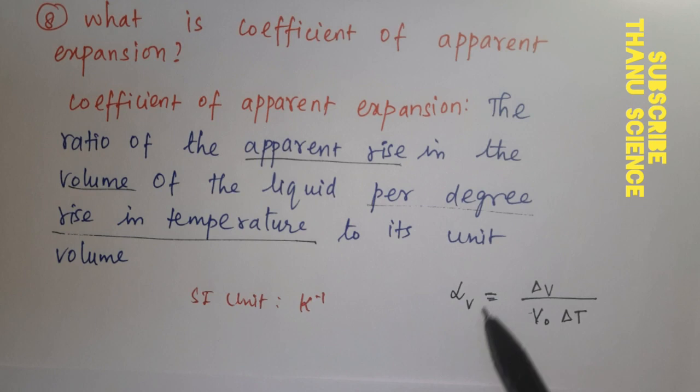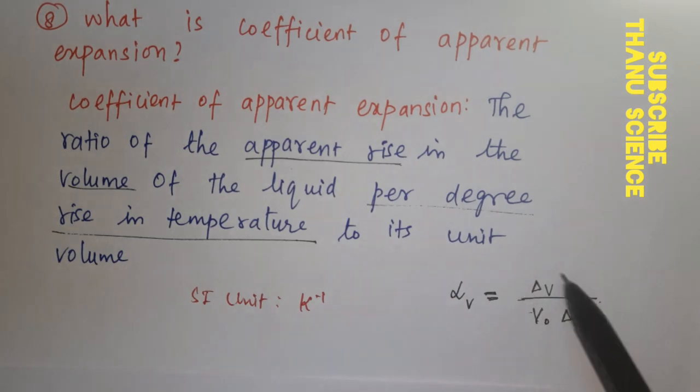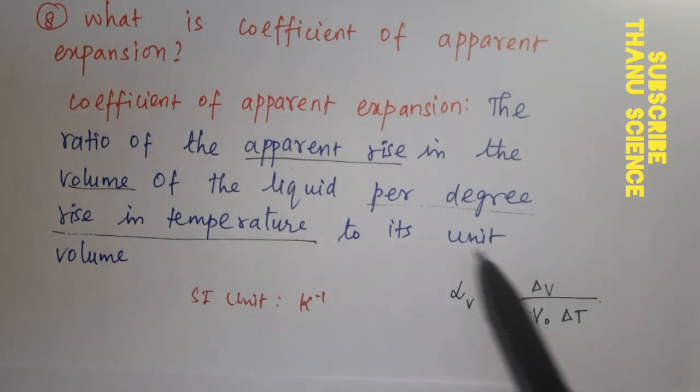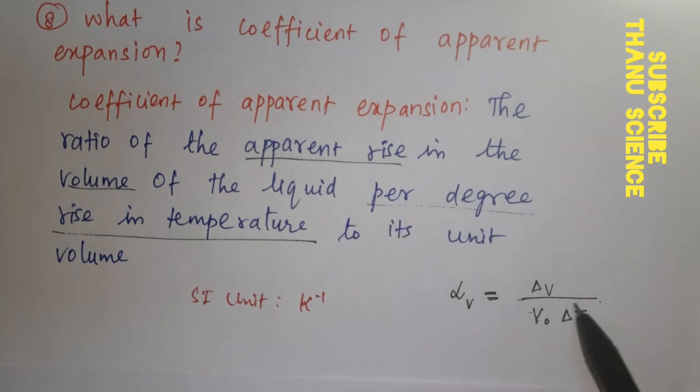The coefficient of apparent expansion is defined as the ratio of the apparent rise in volume of liquid per degree rise in temperature to its unit volume.